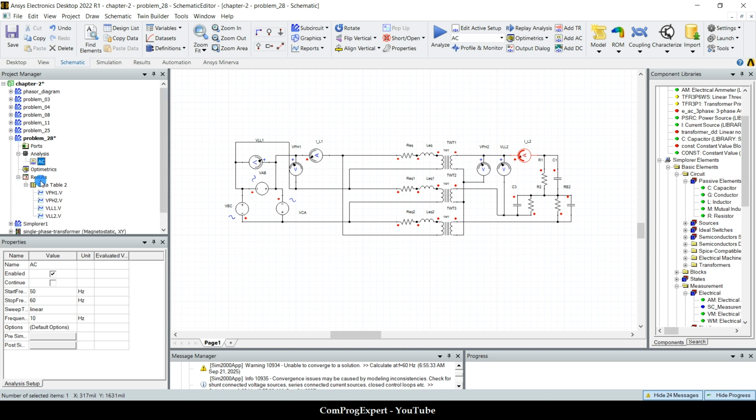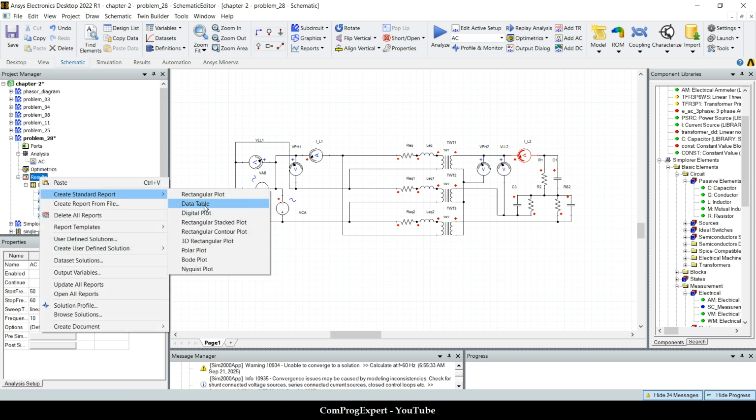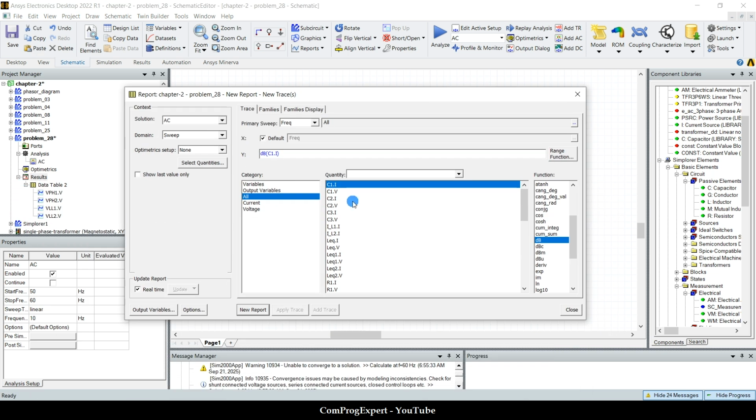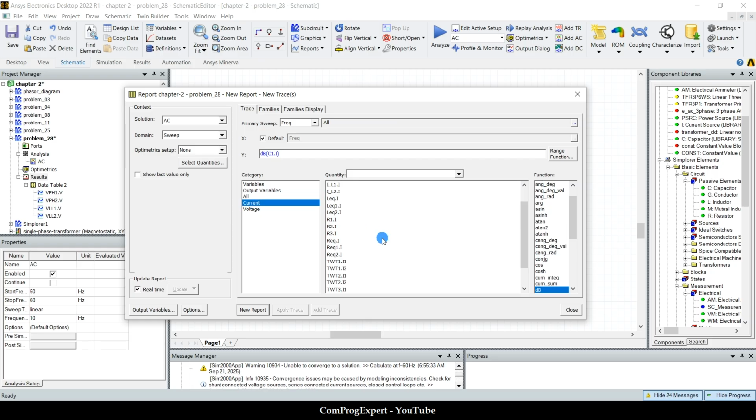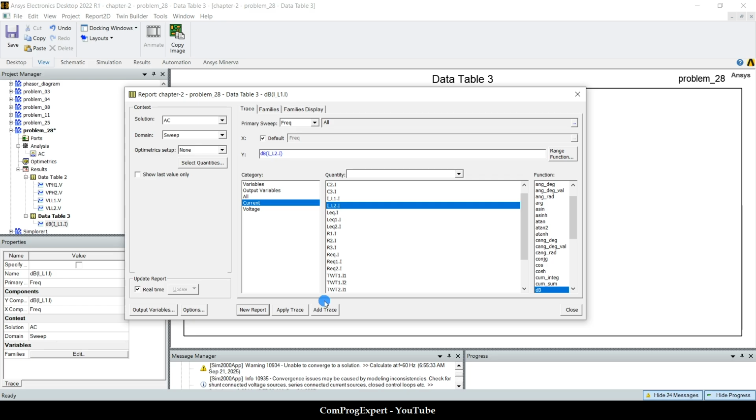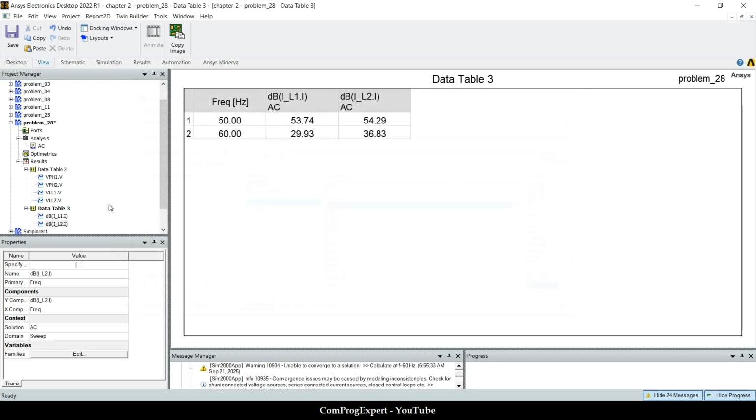Here, let's add a new data table, ampere meter. Where is the ampere meter? Current. Here we have IL1, IL2, not decibel.